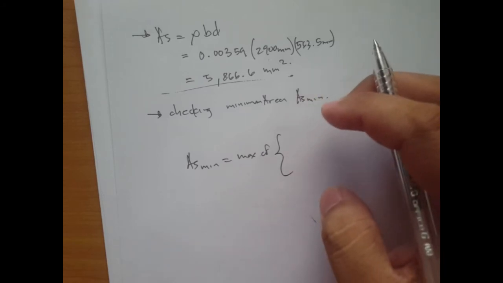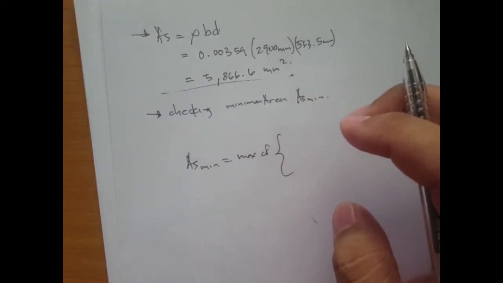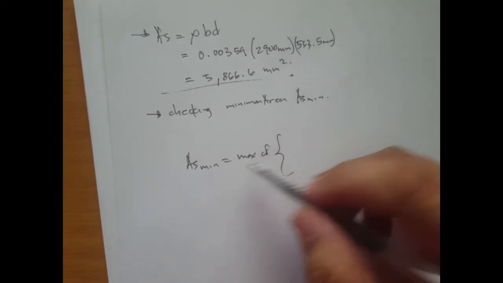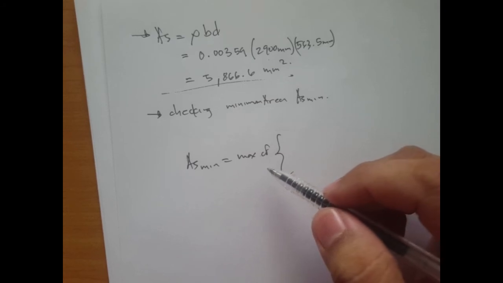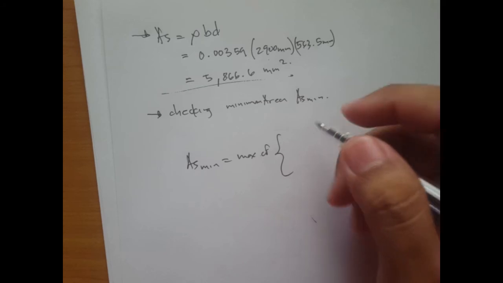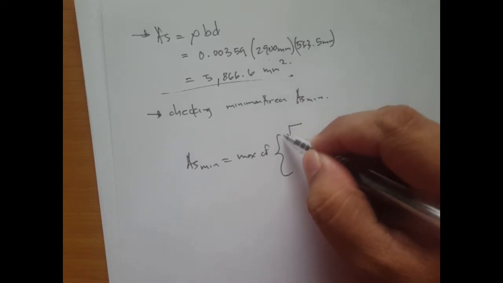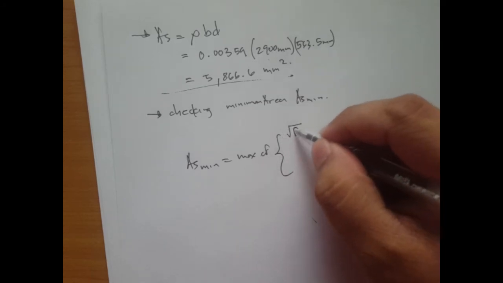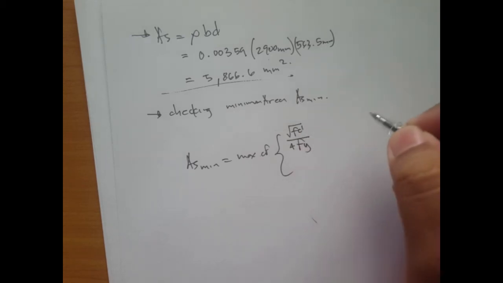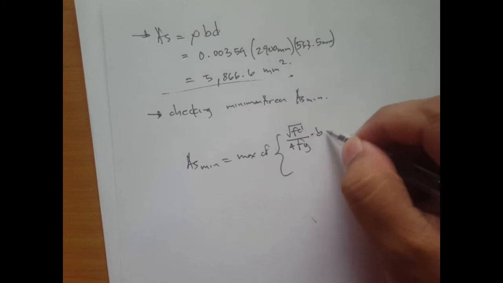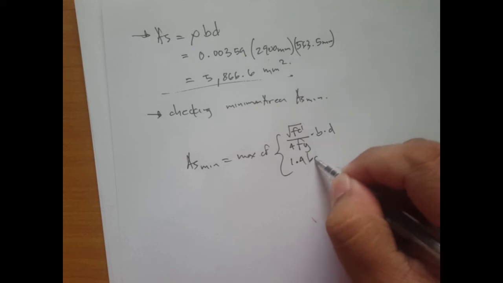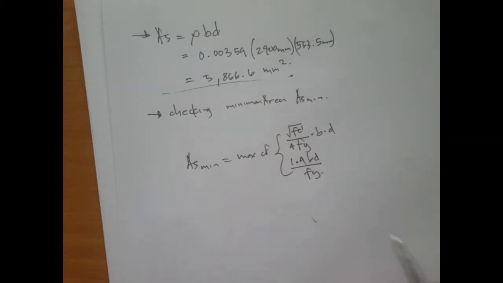Even though I didn't include this in this particular lecture handout, this AS min is the same as the AS min for singly reinforced beams. The first condition is square root of FC prime divided by 4 Fy times B times D. Another condition is 1.4 BD all over Fy.